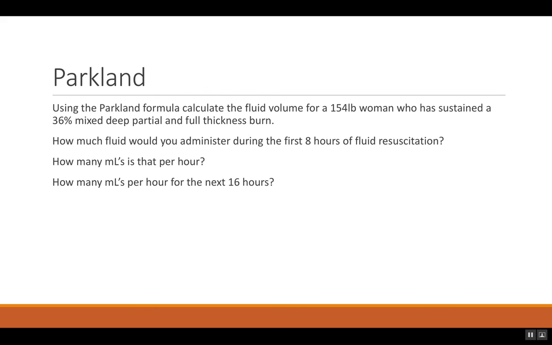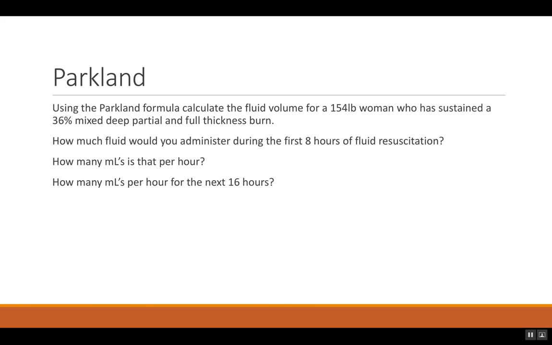So it'd be 35% times 4. And now I'm going to be doing this with you since I did it wrong in the first place. So it'll be 154 divided by 2.2, which is going to give us 70. And then I have on here times the 36 times 4, which is going to give us 10,080.